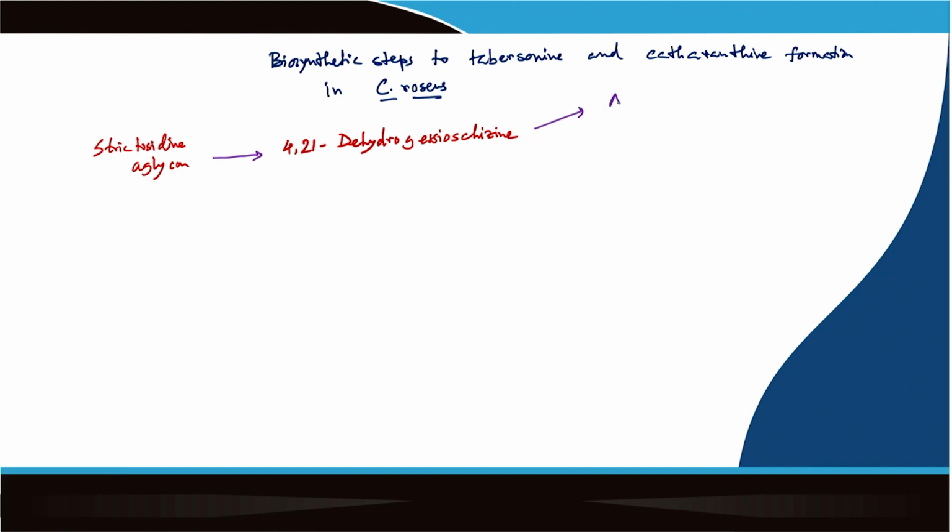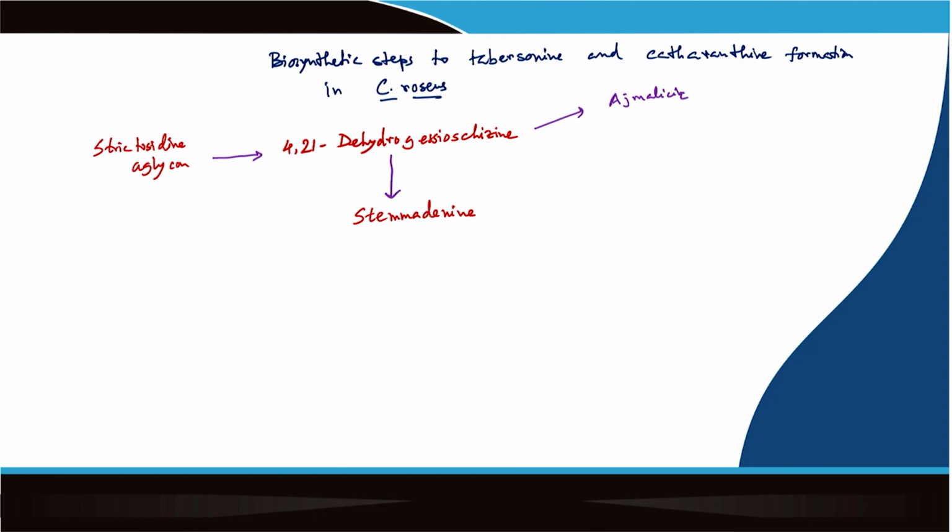One route goes to ajmalicine and serpentine, and the other route which we are now concerned with makes a product called stemmadenine.